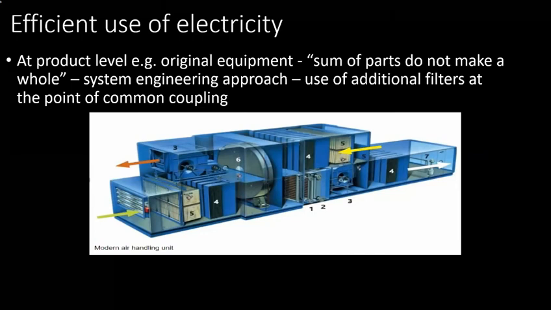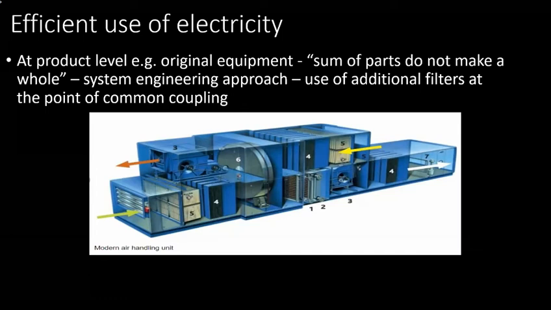As you can see, this air handling unit has several components. One of the components is a fan. Where the number 3 is written, that is a fan. Here, number 3, that is also a fan. And that fan is driven by an electric motor. These two fans are components amongst many other components which make up this product, and this product is an air handling unit.